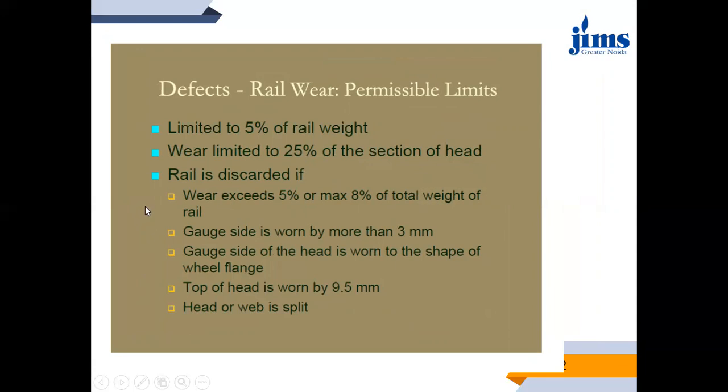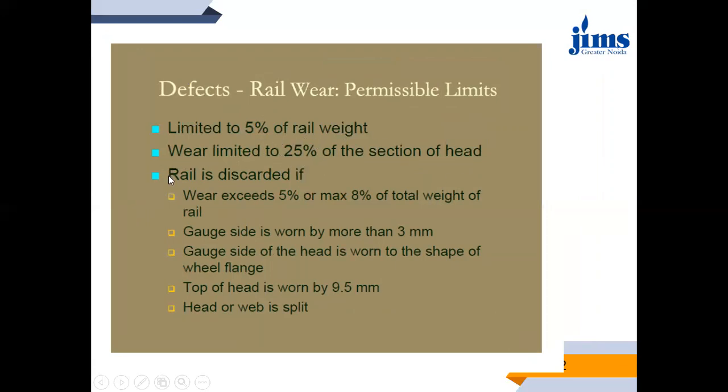Now this rail wear also has certain permissible limits. That is, the rail wear is limited to 5% of the rail weight. Again, this wear is limited to 25% of the section of the head, failing which we have to replace the particular section of the rail.